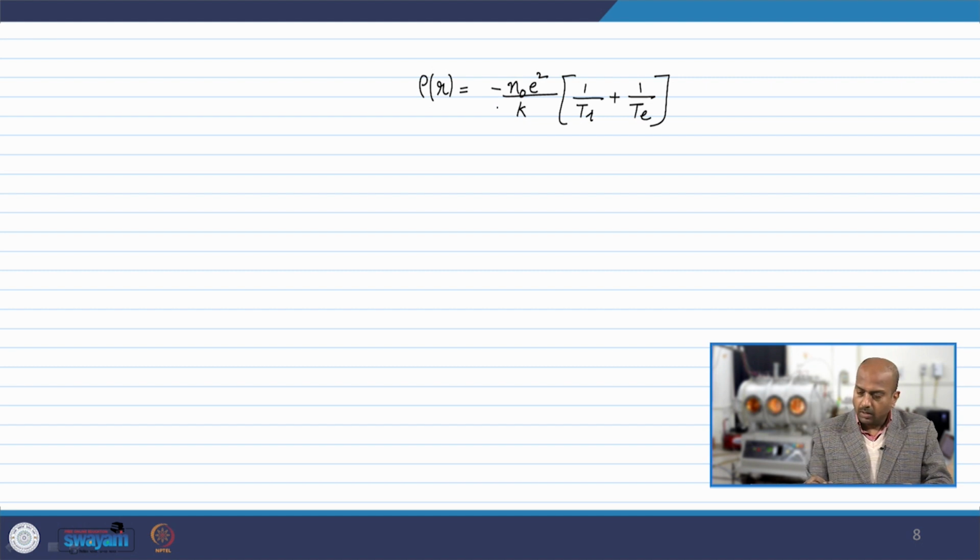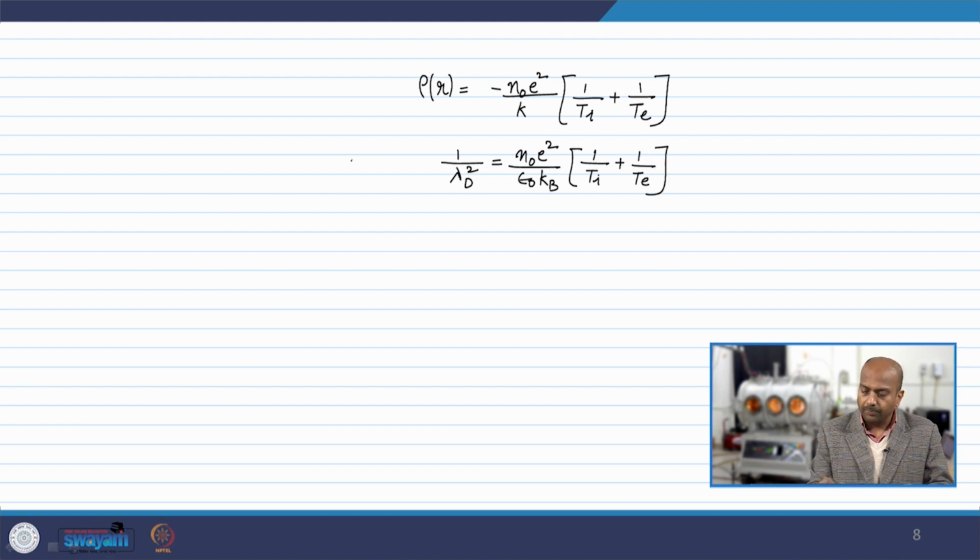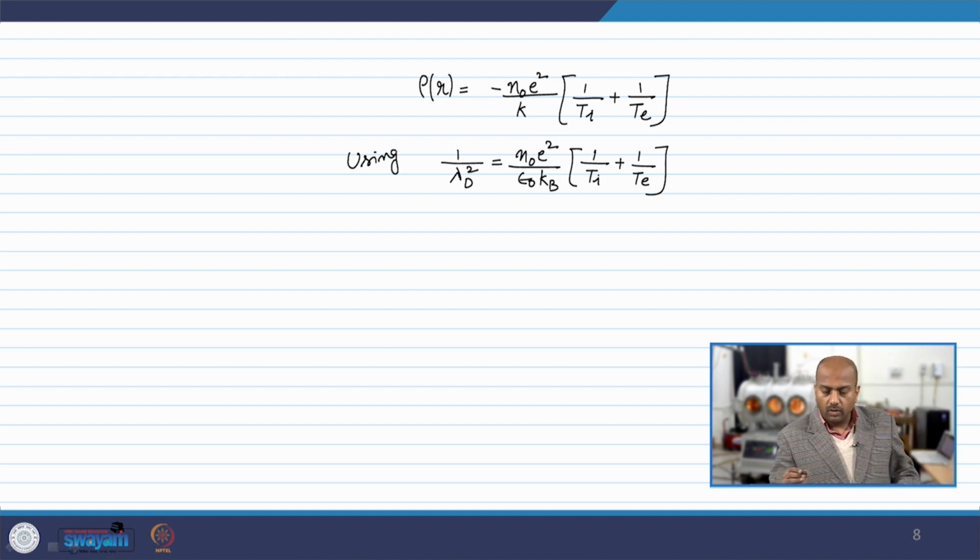We know that 1 by lambda_D square is equal to n_0 e square by epsilon naught k_B times 1 by T_i plus 1 by T_e.